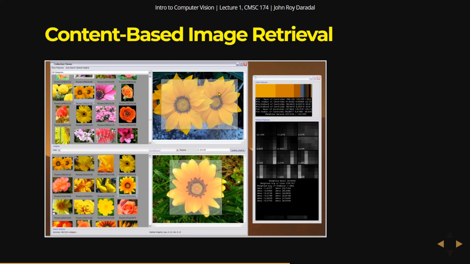But when we search with images, how do we actually compare and then say that this image is similar to, let's say, this one or this one or this one? So there's sort of a pattern matching and understanding that the features here are similar to the features here and so on. So that is content-based image retrieval.